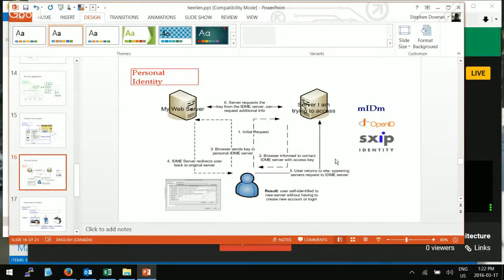The browser would do this automatically, and then you could exchange information back and forth. Today, we have a system called OAuth and OAuth 2 that does a lot of that same sort of thing for you. And again, it allows you to have an identity that you control and you own as you go from place to place to place. Your personal learning environment needs to be the repository for your personal identity.